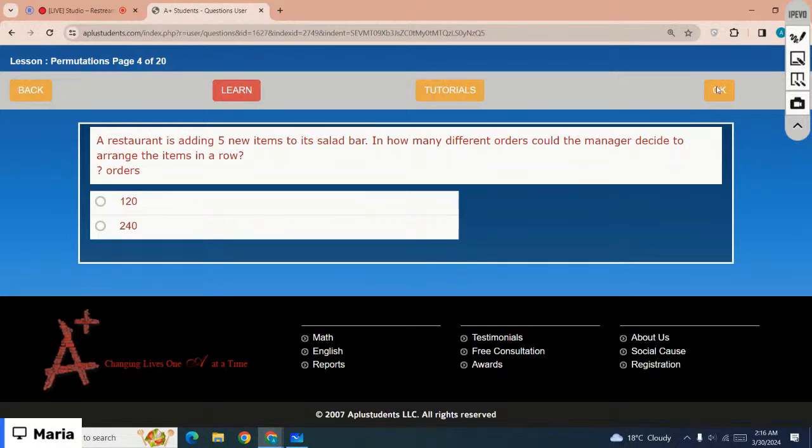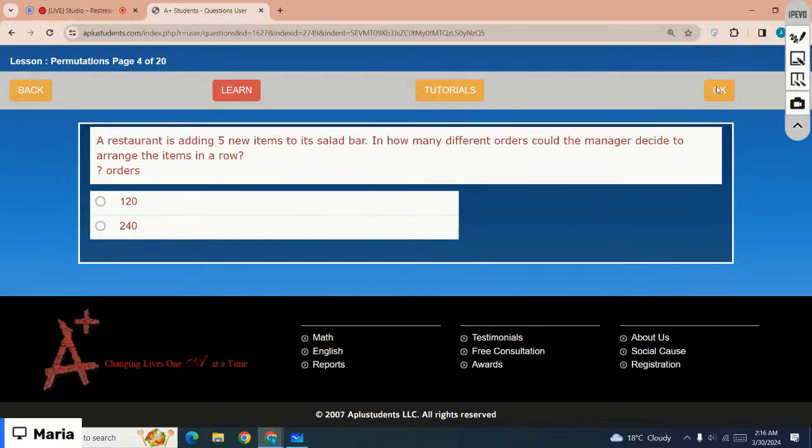The next one is a restaurant is adding five new items to its salad bar. In how many different orders could the manager decide to arrange the items in a row? So you have five new items they are going to add, right? So that means you have to evaluate 5 factorial. So 5 factorial, 5 times 4 times 3 times 2 times 1.